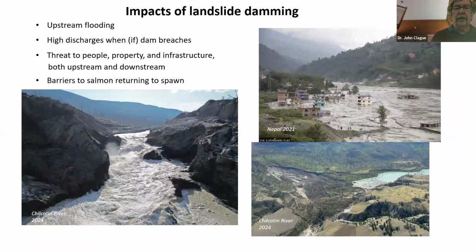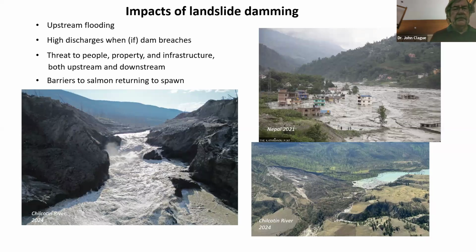But there are other impacts of landslide damming. Because you have to think about, a big dam on a river causes upstream flooding. So if you have a community above the dam where a reservoir forms, that community is going to become inundated. And that can happen if you have a large enough landslide. It has happened globally in the past.